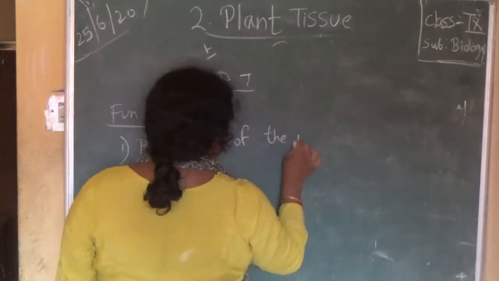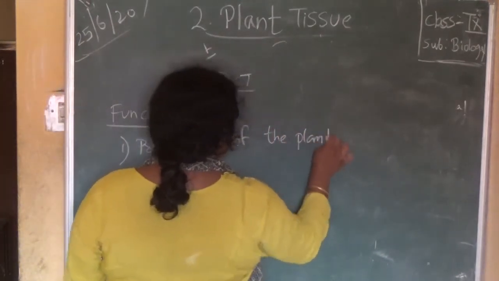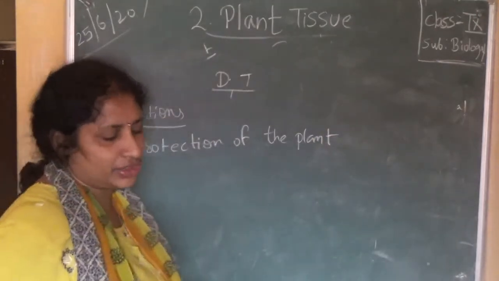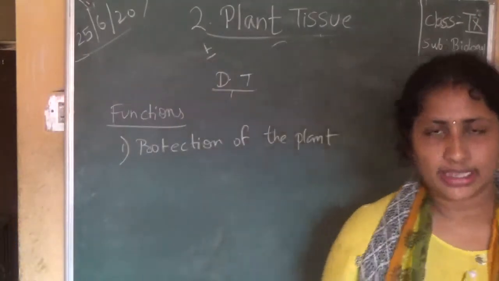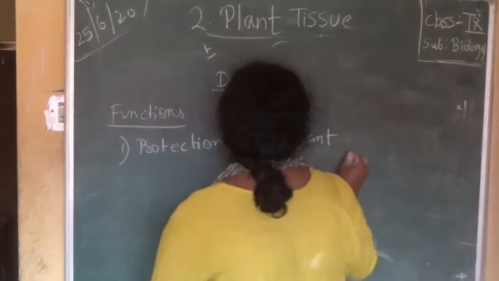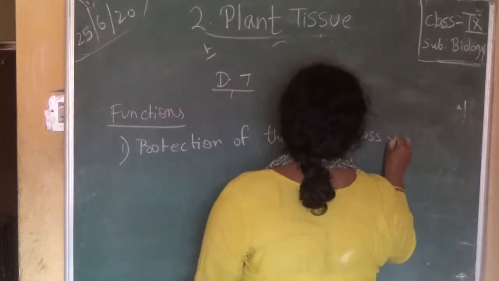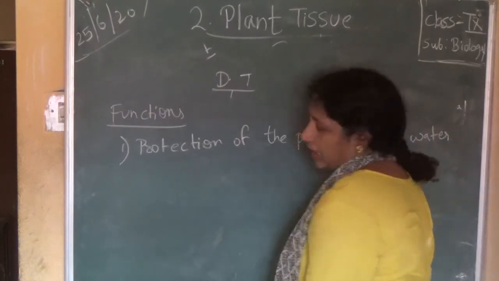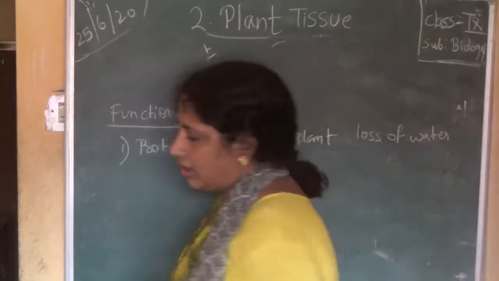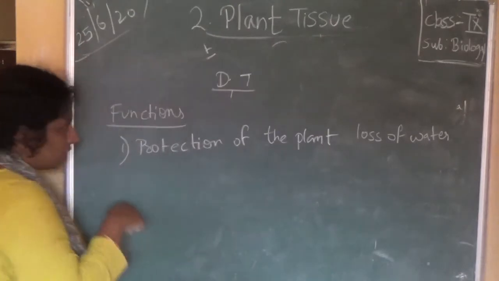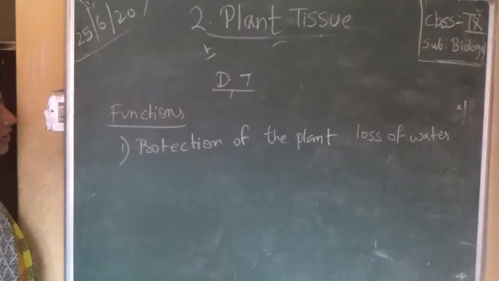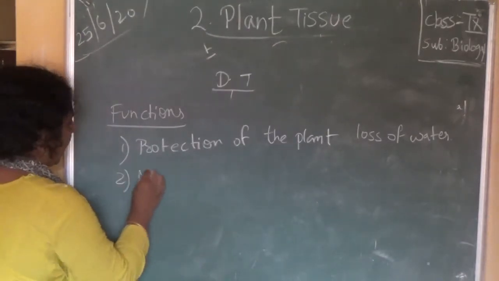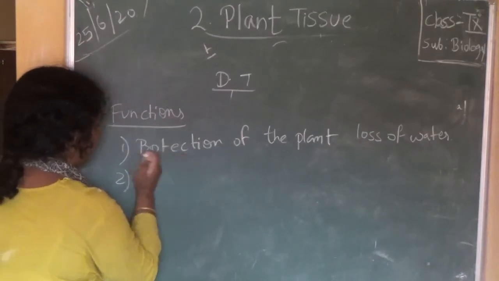The main function of the dermal tissue is to protect the plant from loss of water. Next, it protects from mechanical damage.